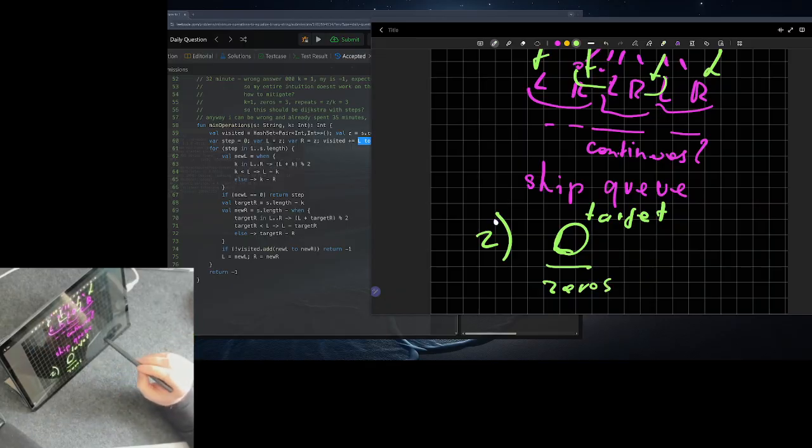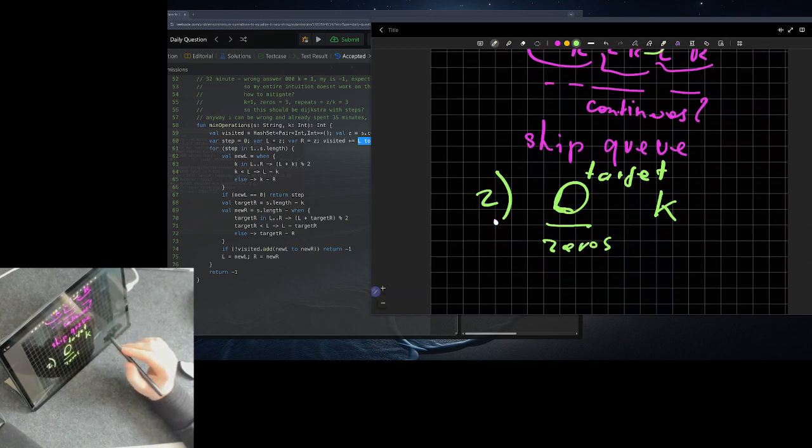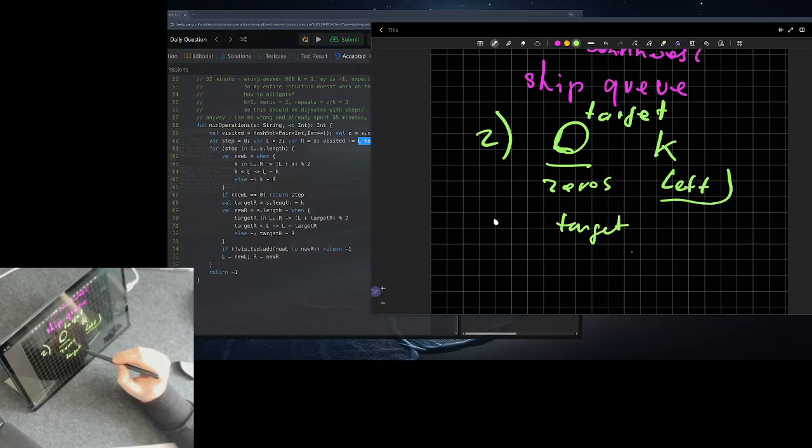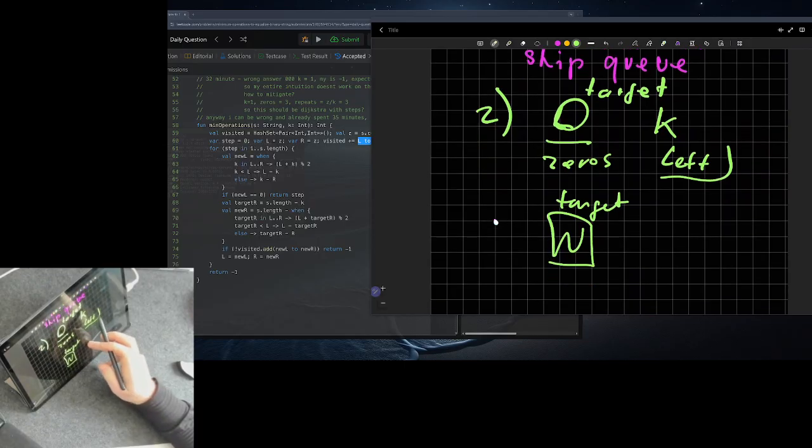That means before the target, we want k, and k is our new left pointer, and the second target is all n zeros.